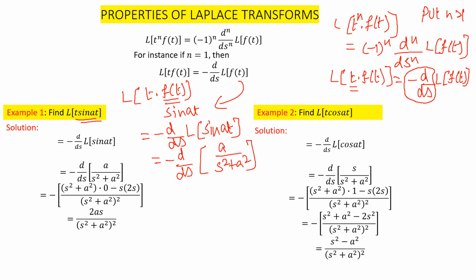Now I have to differentiate this with respect to s. We remember the formula for quotient rule, u over v, it's going to be v du minus u dv divided by v power 2. Here in place of u I have a, in place of v I have s squared plus a squared.